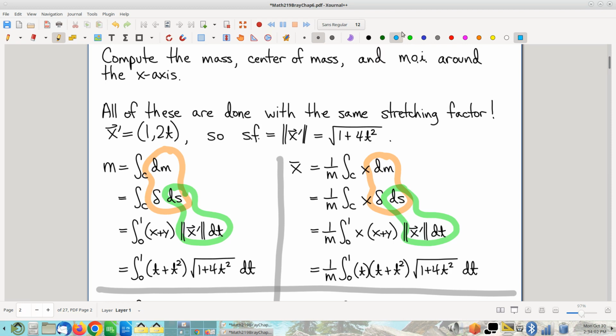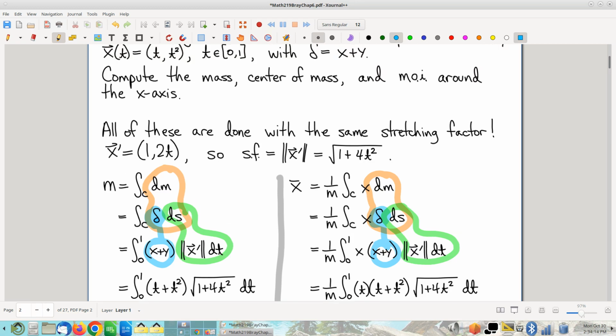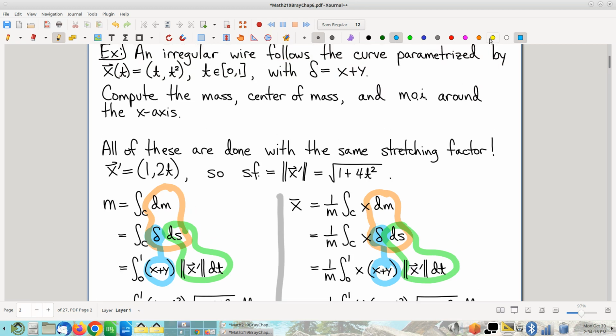Density, x plus y for both. Again, reminder, we're using the same parameterization, and so the range of values of t is the same for both, 0 to 1 and 0 to 1. Everybody okay so far?